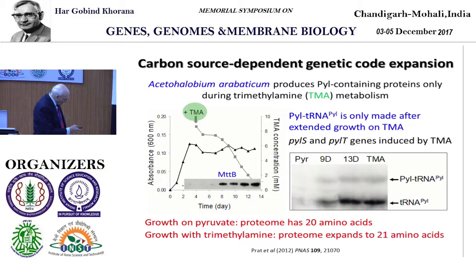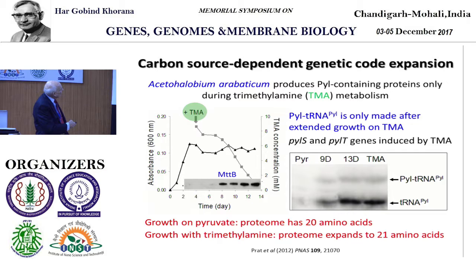Ilka Heinemann and Patrick O'Donoghue, who are assistant professors in London, Ontario, decided we should try this. And the tRNA Pyl T is of course the tRNA for pyrrolysine. So we simply excised this and deleted it.